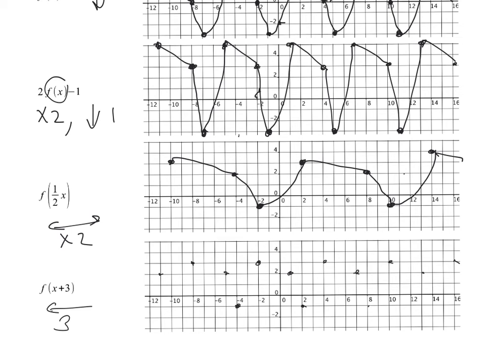So I can just move along in units of 6 and drop in these negative peaks. And hook them all together. There you go.